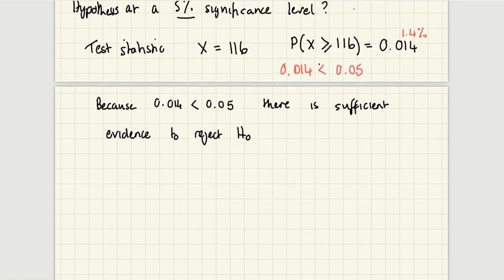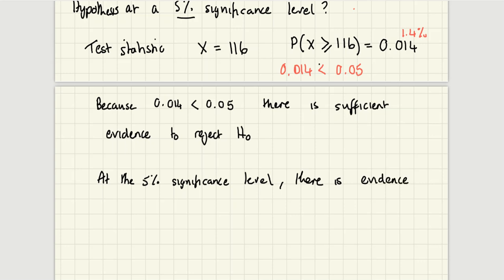So we've just discussed why that is, and we would finish with at the 5% significance level, there is evidence to support the claim.